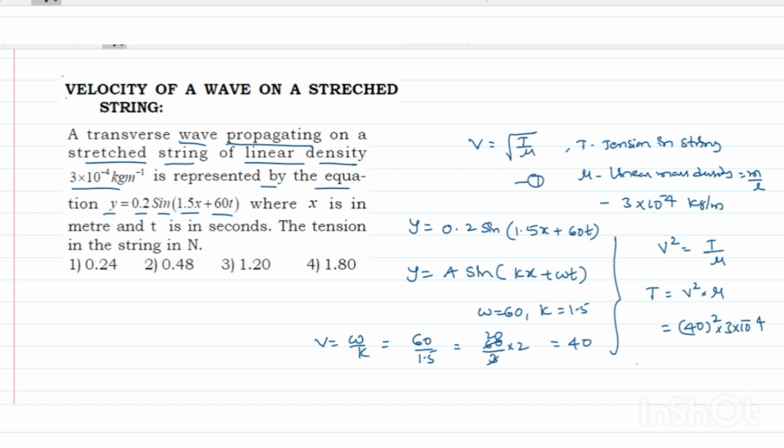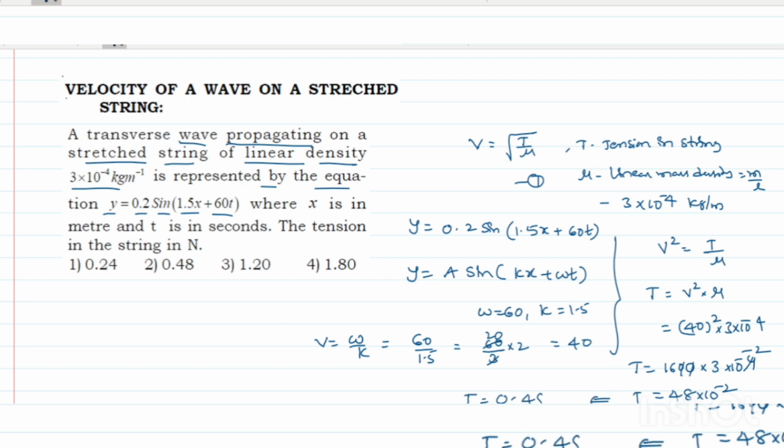So this is 1600 into 3 into 10 power minus 4. Two zeros get cancelled, giving minus 2. 16 into 3 is 48, so 48 into 10 power minus 2. That means the tensional force is 0.48 Newton. So 0.48 Newton is the correct answer.